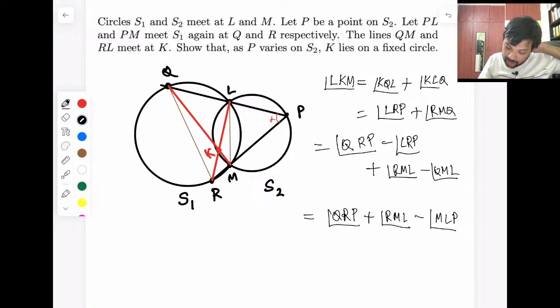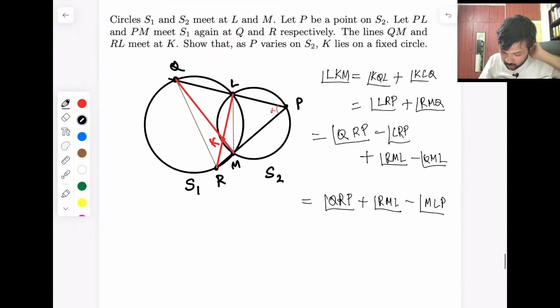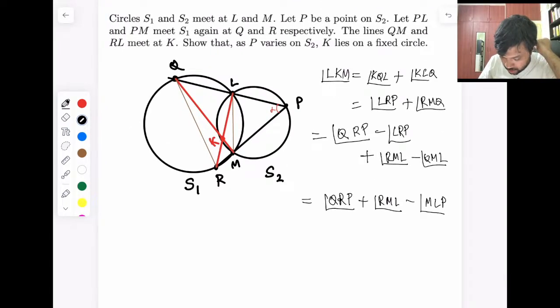Now we got MLP, and how to use the remaining? RML is 180 minus LMP. This QRP remains, no? It's not nice. RML is supplementary to LMP. So 180 minus... I think I made a mistake somewhere.